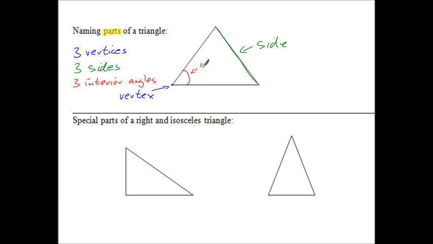This is an interior angle. But if I take this side here in the bottom and I extend it like this, then I can create something which is also an angle, and this is called an exterior angle. You remember interior and exterior from our angle relationships in the previous chapter. And sometimes we need those exterior angles as well.